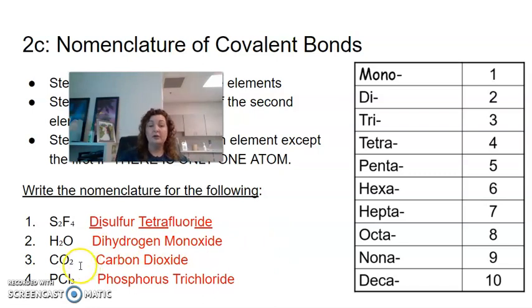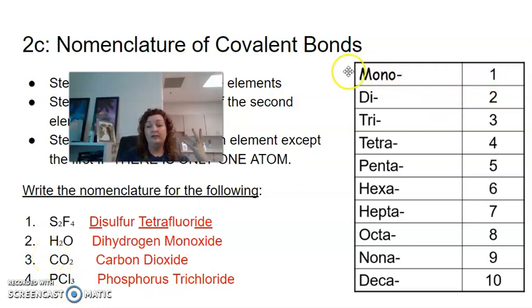The next one, CO2. C is carbon. Oxygen, again, you can change that ending to "ide," so it'd be oxide, okay? Not oxygenide, just oxide. And then we're going to go ahead and do our prefixes. There's one carbon. Because there's only one in the first element, we do not write mono.